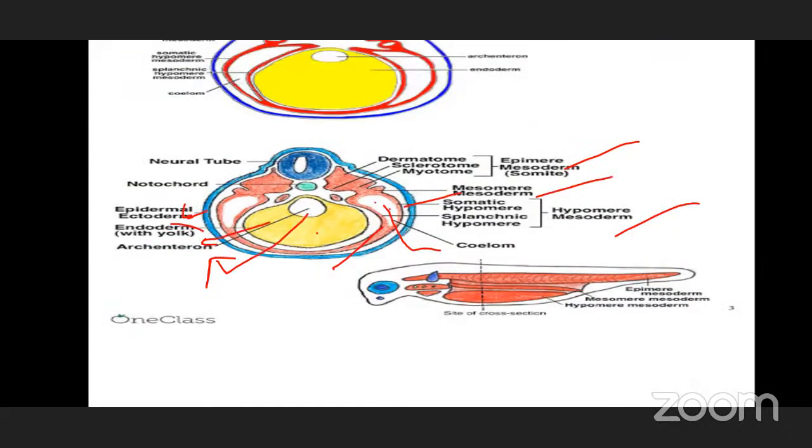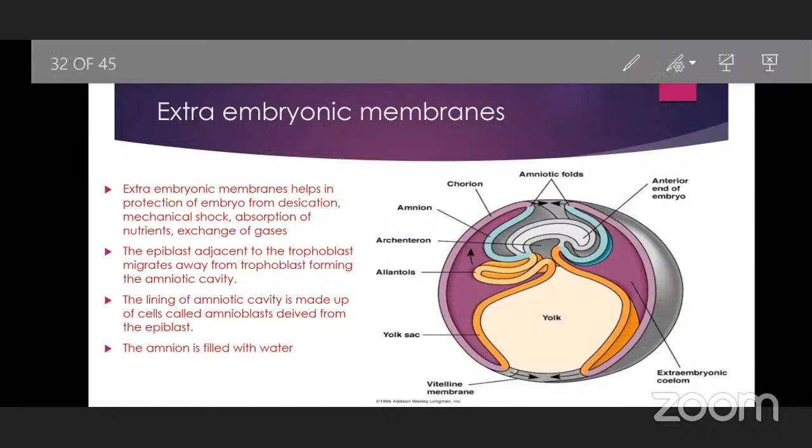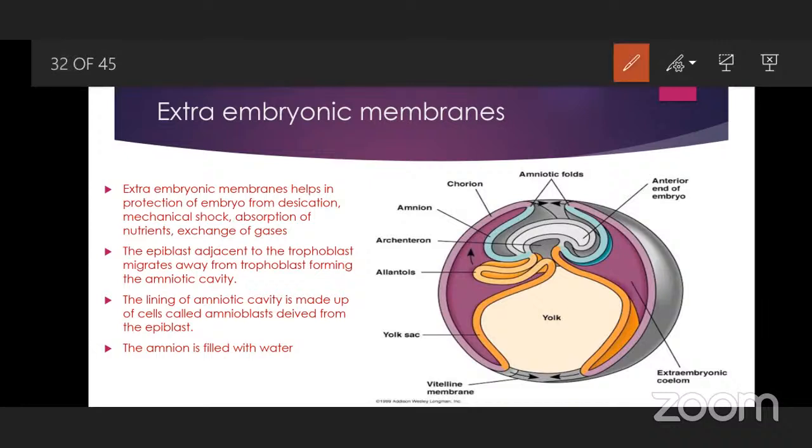Now this embryo is covered by extra embryonic membranes, and these extra embryonic membranes have certain functions. The extra embryonic membranes help in protection of the embryo from desiccation and mechanical shock, and also help in absorption of nutrients and exchange of gases.